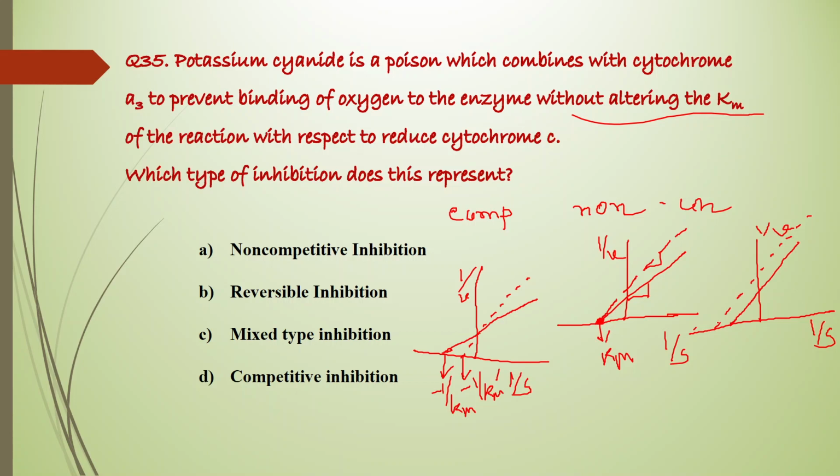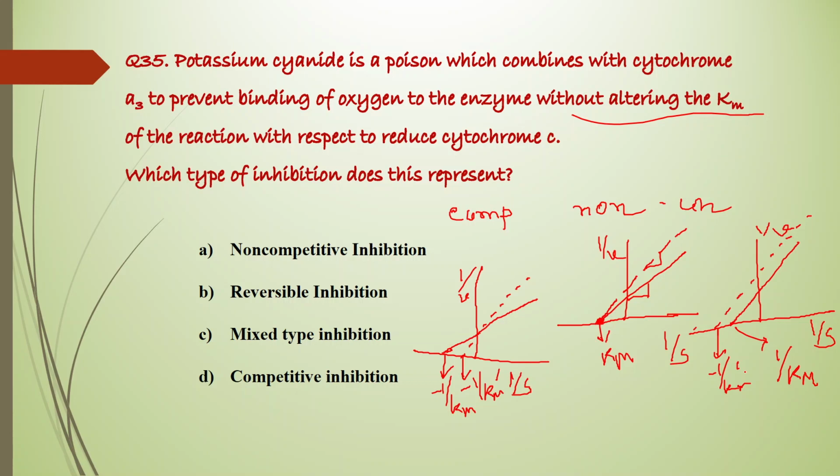Okay. So for this one, once you know the Lineweaver plots, here also you can say that after adding the inhibitor, there is a change in the Michaelis-Menten constant. One is Km, another is Km prime. So you have to remember these 3 types of curves for the Lineweaver plot.